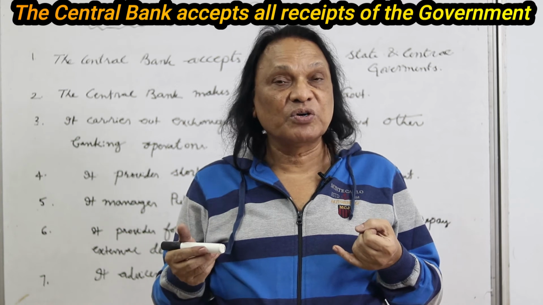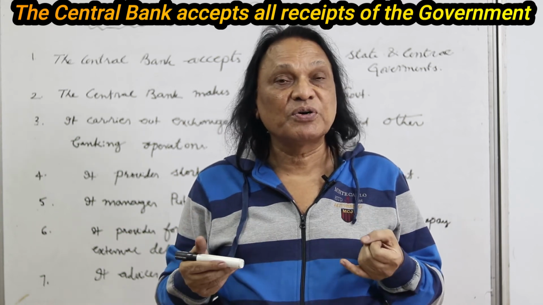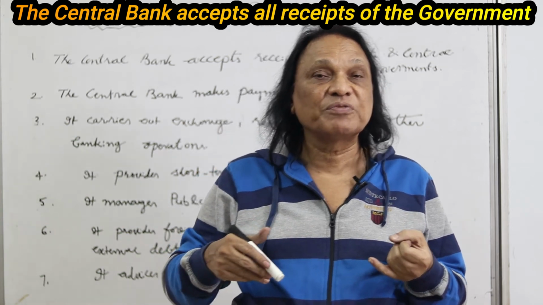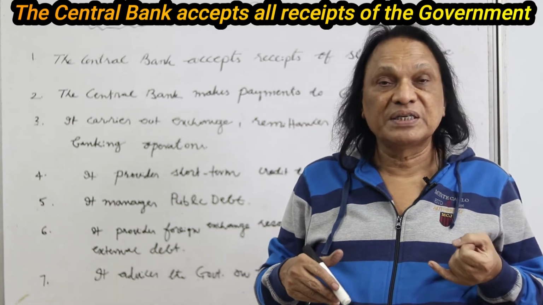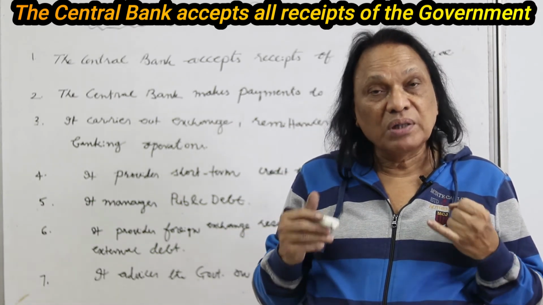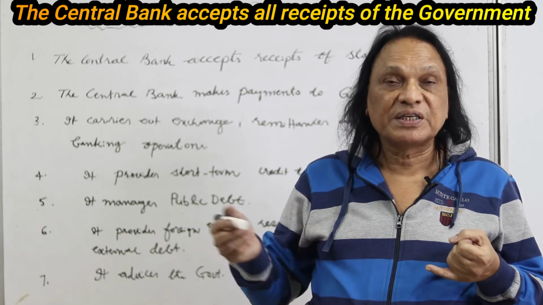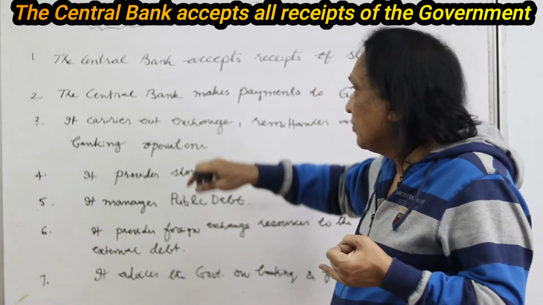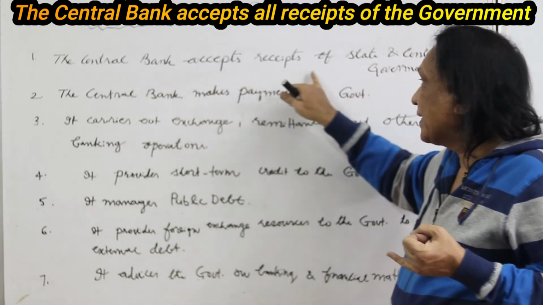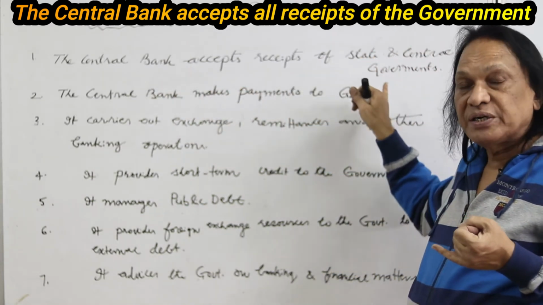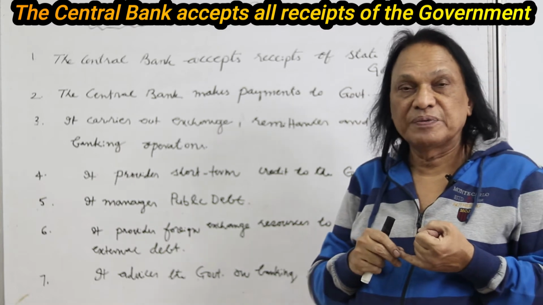The government is borrowing from other countries, from the World Bank, from the IMF, or disinvestment. All these receipts are kept with the central bank. So the first function is that the central bank accepts receipts of the state governments as well as the central government.